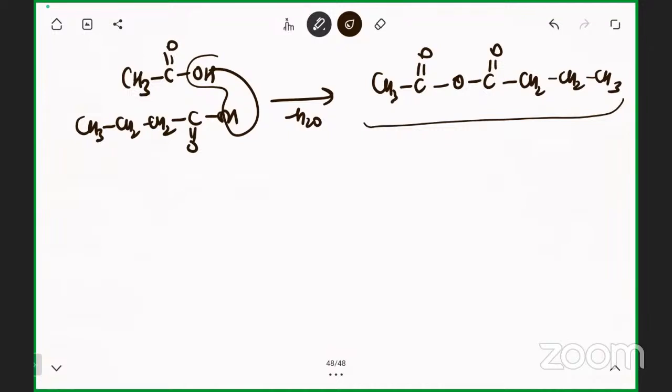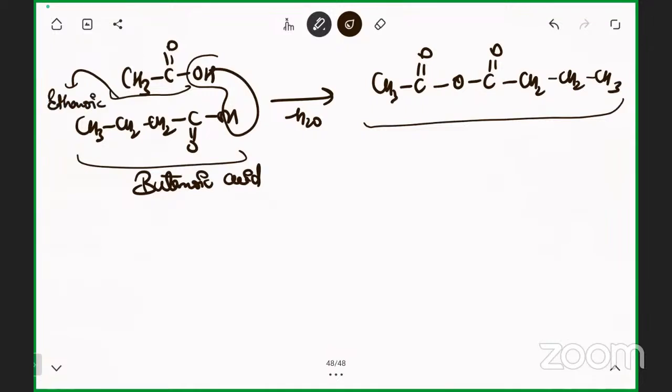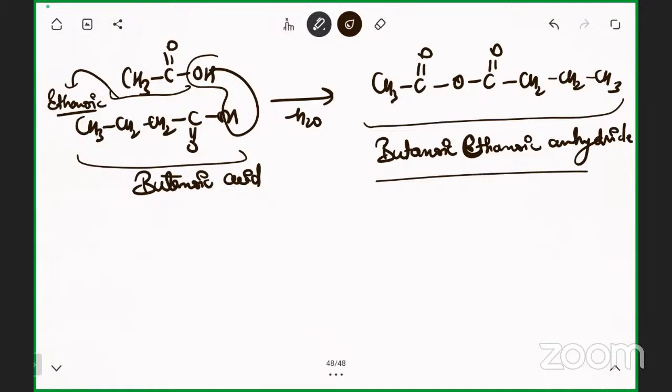Just remember, this is 4 carbons, so it is known as butanoic acid. This is a 2 carbon chain. This is known as ethanoic acid. Butanoic, ethanoic, anhydride. Very good. Why do I write butanoic first? Alphabetic order. Very good. So this is the way you write the naming of anhydrides.